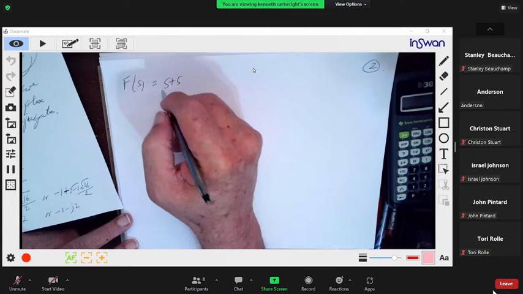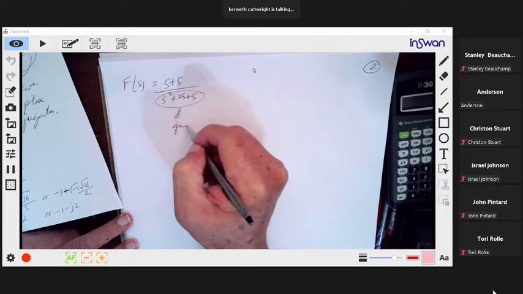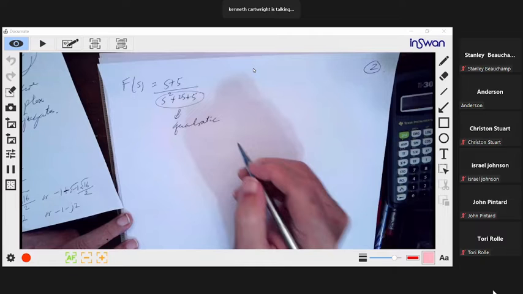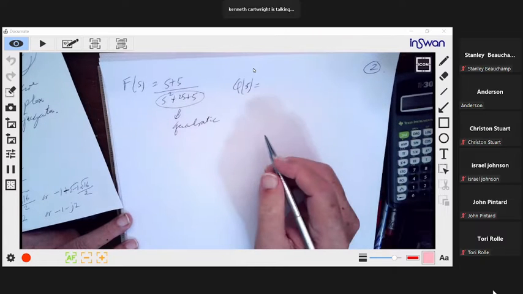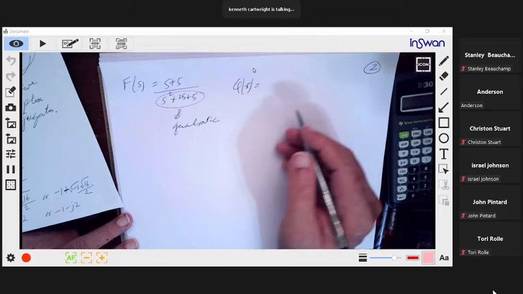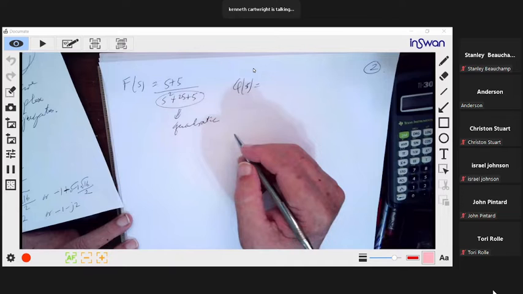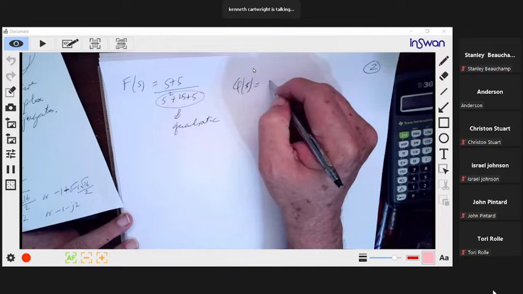Of course, this is the quadratic. And I'm going to find something called q of s. Q of s is everything other than the quadratic. So in this case, q of s equals s plus 5.